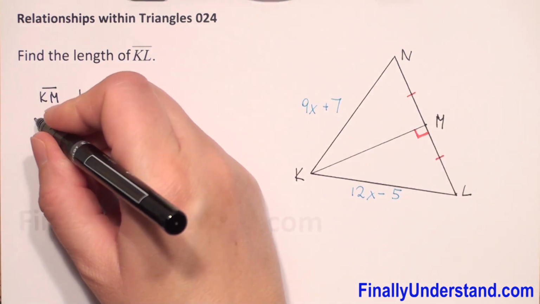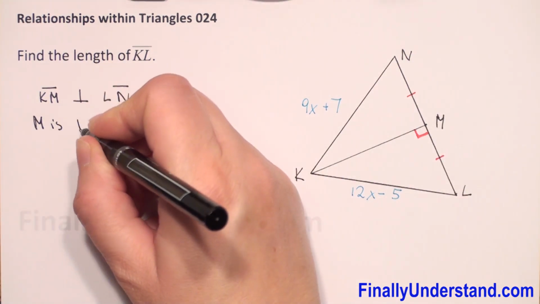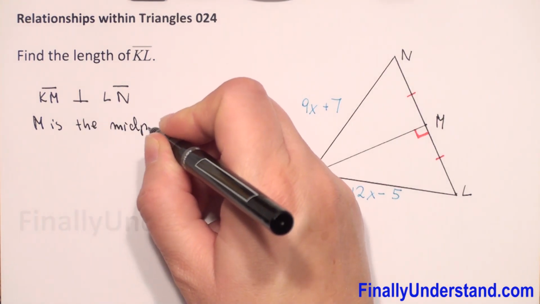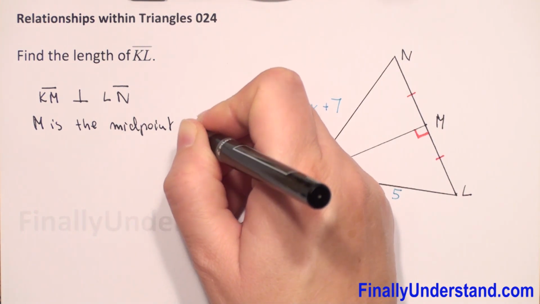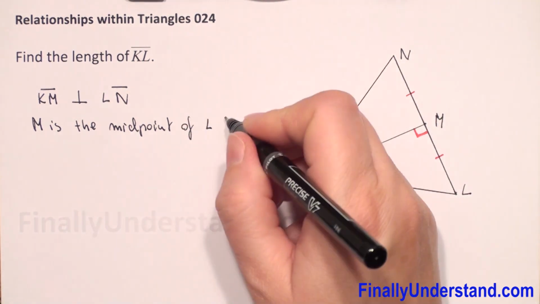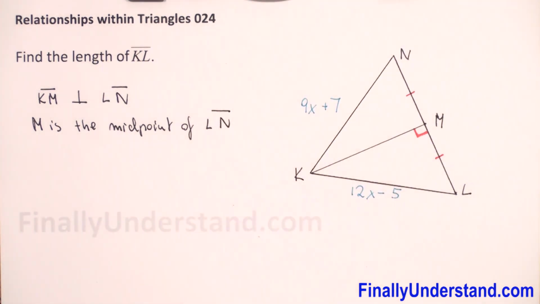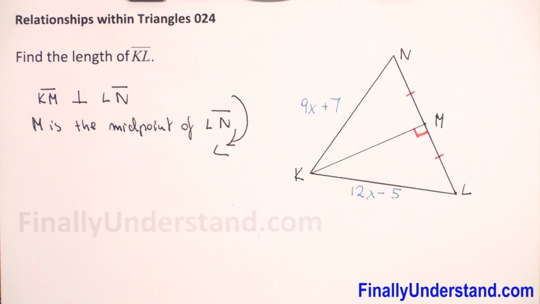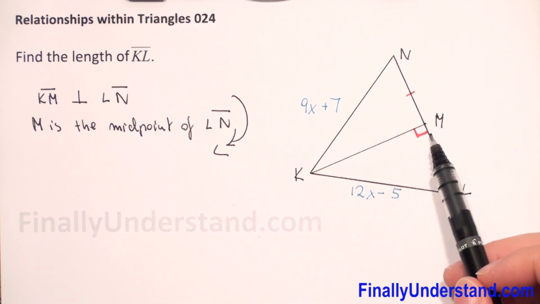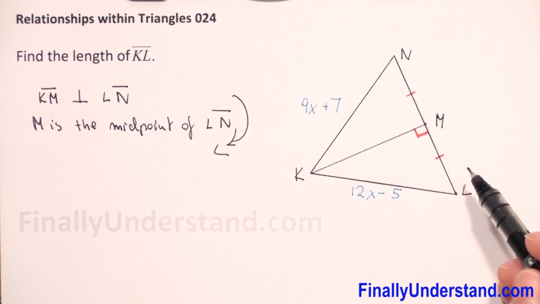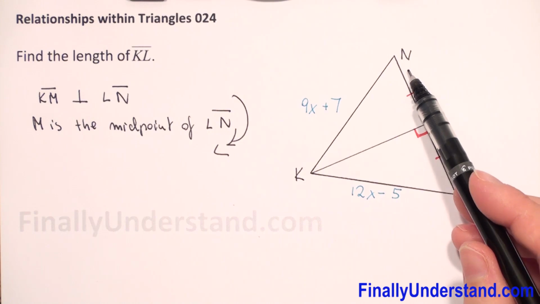So we can write that M is the midpoint of LN segment. So from these two statements we have that KM segment is a perpendicular bisector of segment LN.